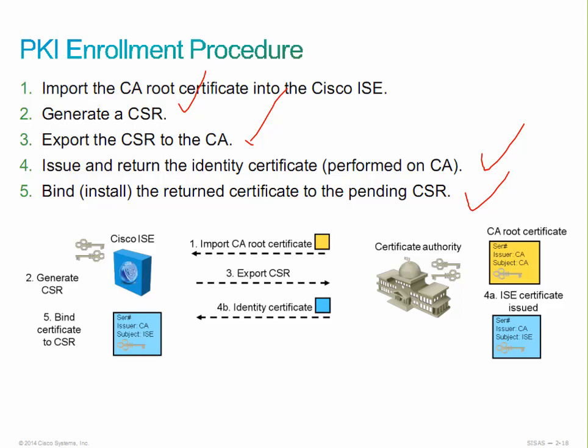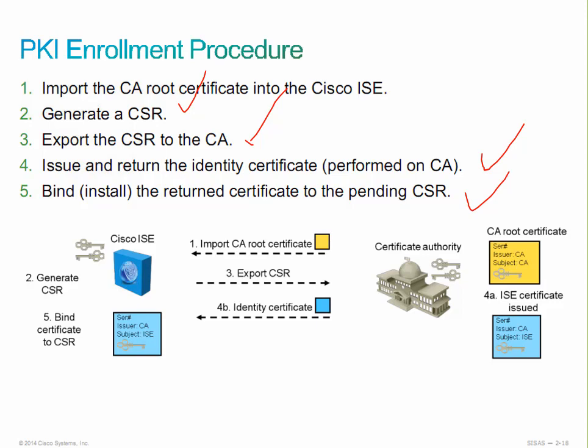There isn't really a whole lot to this process. We will see the areas that we go under administration and system and certificates, and then we can specify different components to be able to import certificates as well as get our certificates digitally signed.